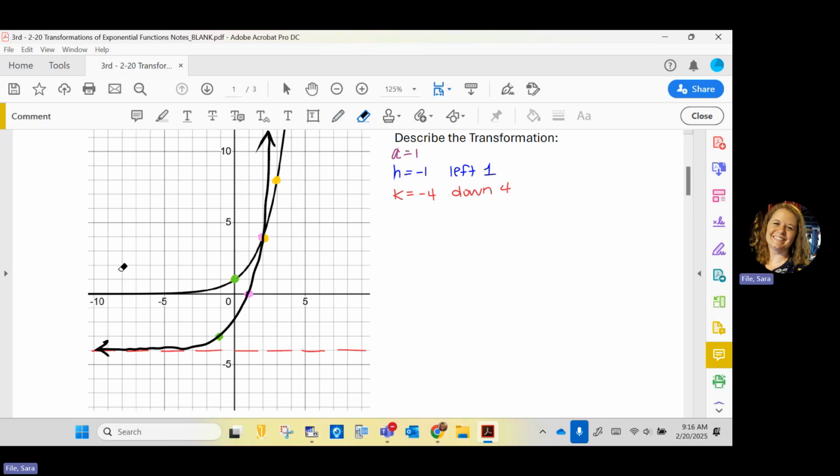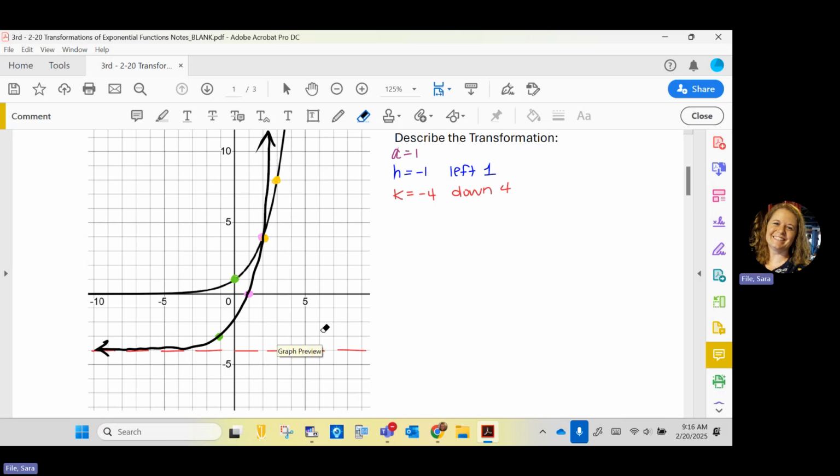They have the original function there, and I took those points, I took that curve, and I shifted it left and down. And the asymptote, when you shift left or right, that does not affect the horizontal asymptote. But shifting up or down does. The asymptote shifted down with the graph.